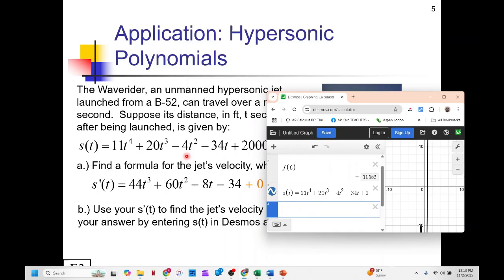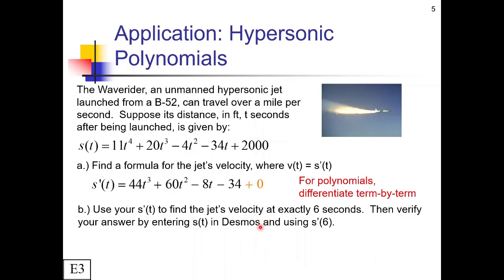And now I'm going to go down to the next line, and to take the derivative of this at a single x value, I can just use the function name with a prime next to it, like so. And then I'm just going to put what I want to plug in there right next to it. So let's do 6. And now what Desmos has done is it's figured out its own derivative for this, plugged 6 into it, and it gets the same answer that we got using our derivative. So either way, we end up with 11,582 feet per second.